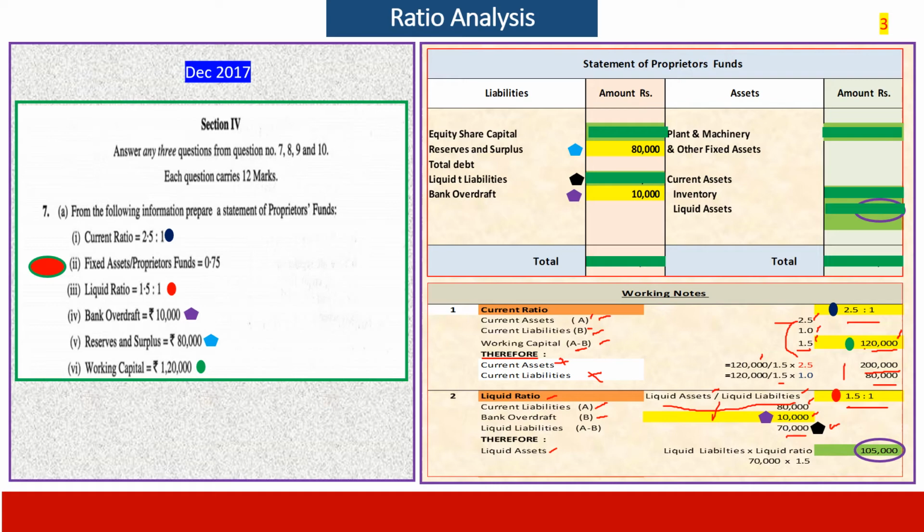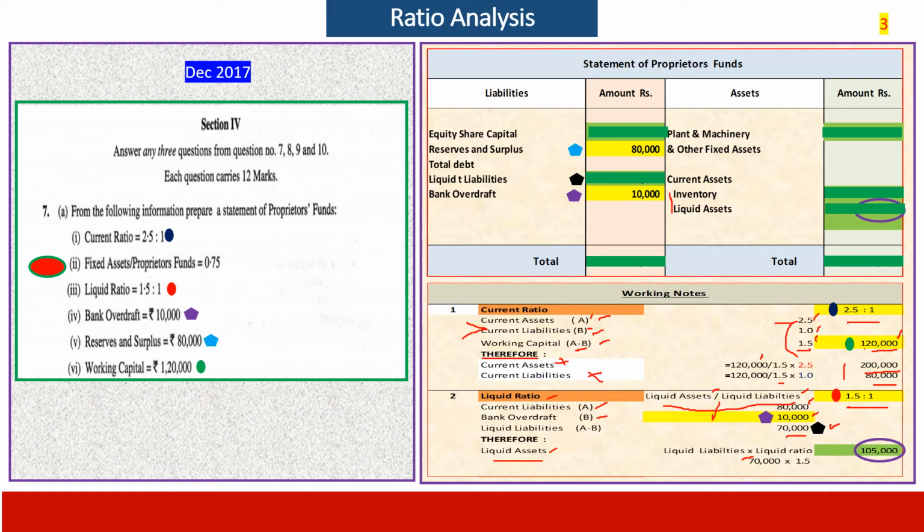When you take it to the other side of the equation, it will multiply. Liquid liabilities into liquid ratio is equal to liquid assets. Now we have got liquid assets also. We can split current assets into liquid assets, and the difference between current assets and liquid assets has got to be inventories. These are the two figures which we need to get.